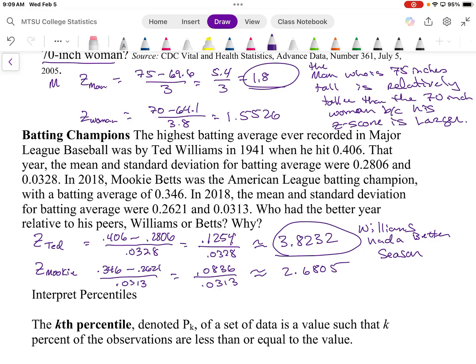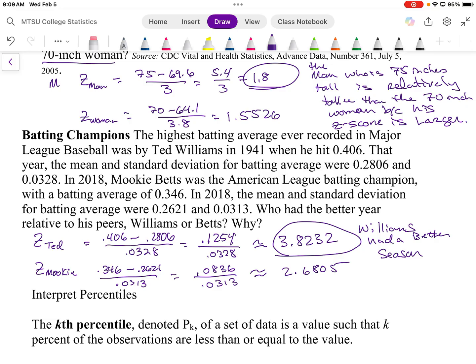Now, we can use z-scores not only for the purposes of comparing two data values together once they've been standardized. We also associate z-scores with percentiles, where a certain z-score represents what percent of the data is below it, and that's where there's a connection.